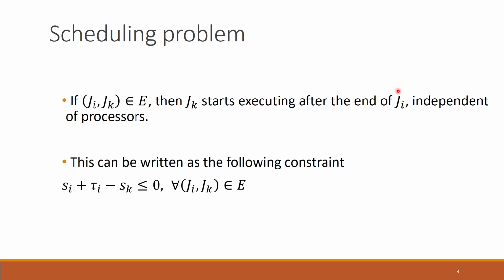So, this can be represented mathematically by this constraint here, that Si plus tau I minus Sk is less than or equal to 0 whenever there is an edge that starts from task ji and ends in task jk, okay. So, it is saying that the starting time of the task ji plus the time it takes to execute the task ji should be less than or equal to the starting time of task jk, okay.